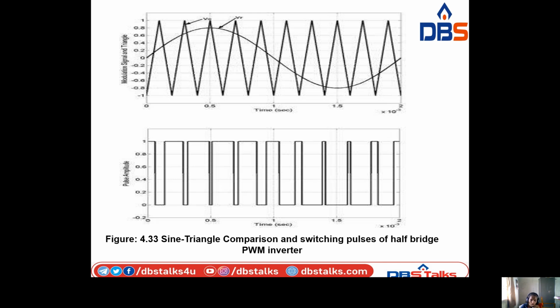And whenever VR is less than VC, S12 will be on, and the output will be obtained in the negative direction, that is minus VD by 2. Okay. So this is the modulating signal and triangular signal. These are the waveforms for the half bridge PWM inverter with sine and triangular comparison.